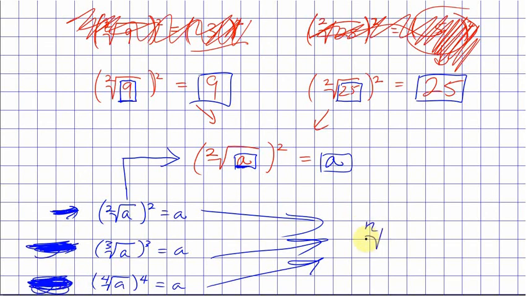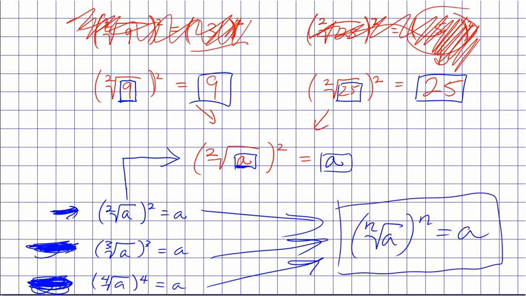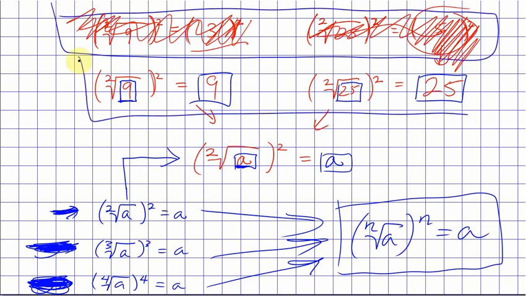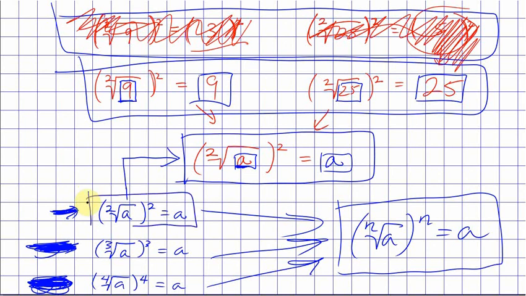The general pattern is that an nth root and an nth power cancel each other out. This is how we develop this pattern. So we did quite a bit of work up here originally. We said a similar argument would work for these, and then noticing the general pattern again, we get a formula.